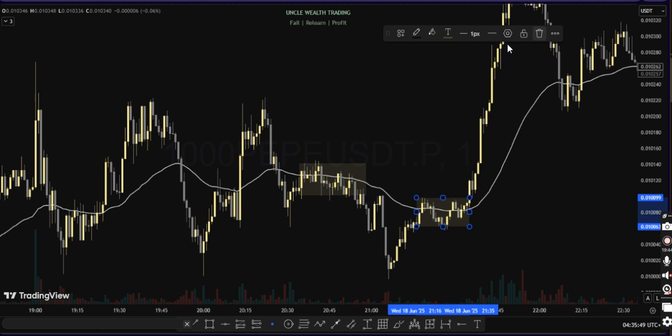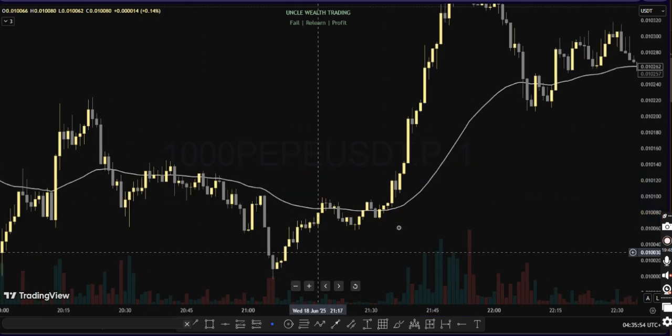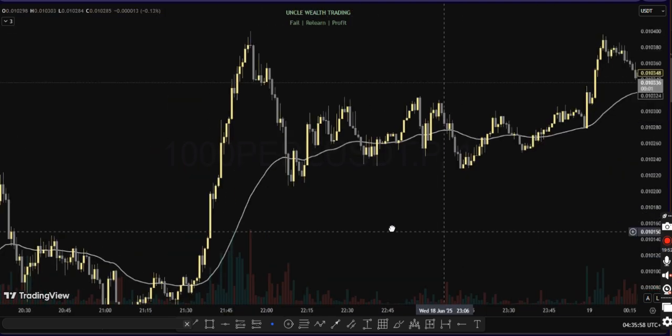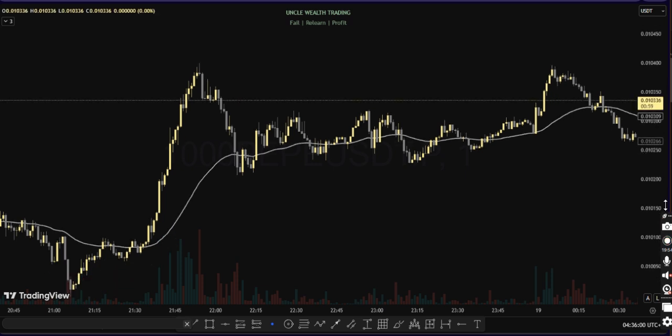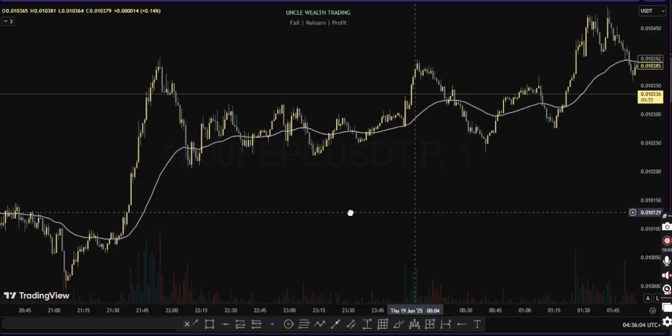So the EMA 50 is very, very handy when it comes to identifying the trend. It's best you stick to strong trends and enter your trades when the trend is strong.